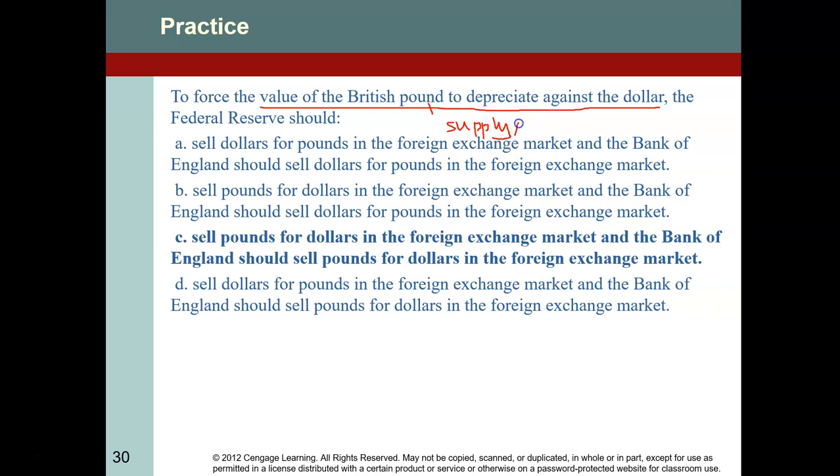We can decrease the pound value by increasing its supply.